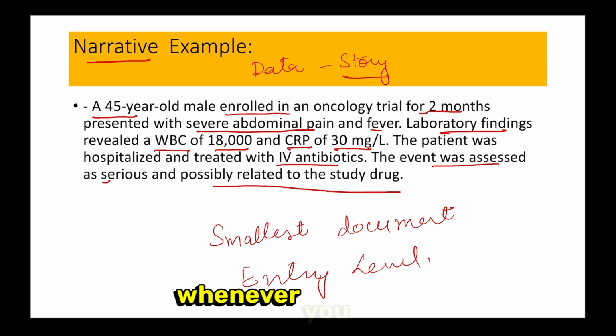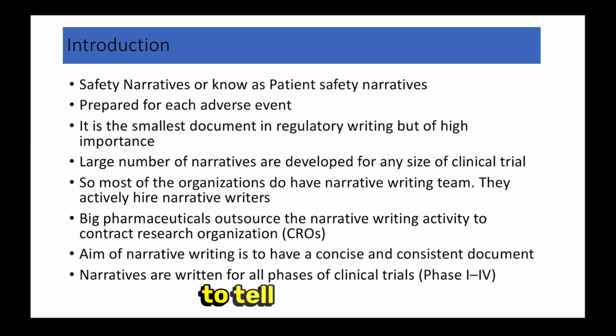So now whenever you see a medical safety narrative writer position or a QC position in safety narrative, go there. Right? So now I just wanted to tell you a little more in formal language. Safety narratives are also known as patient safety narratives, and this also overlaps between PV and medical writing.